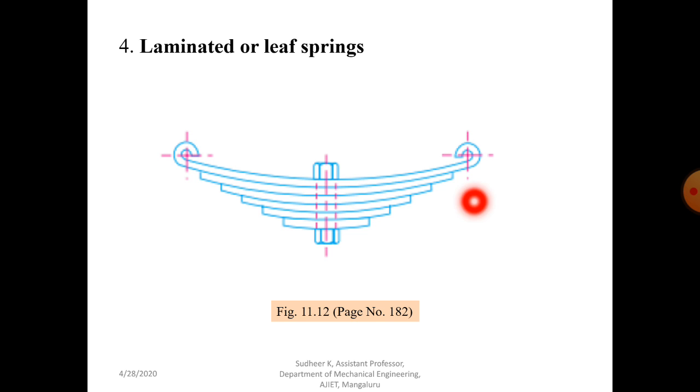You can see here that some leaves are long. The master leaf is bent at the two ends to form an eye, and this portion we call the spring eye. The leaves of a multi-leaf spring are subjected to bending stress. Such springs are commonly used in automobile and railroad suspension. You can see this type of spring in vehicles, which is nothing but leaf spring.